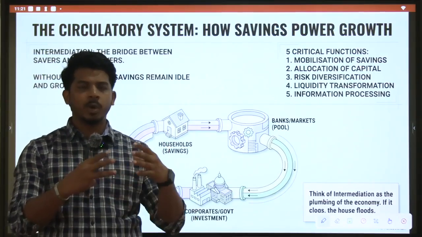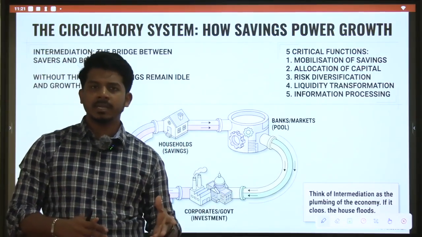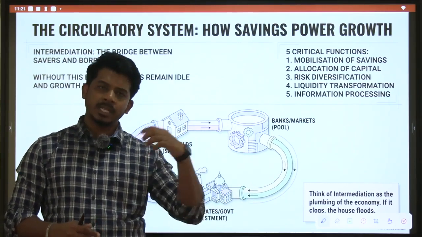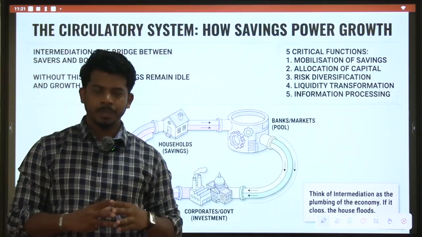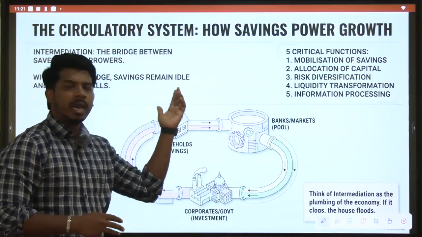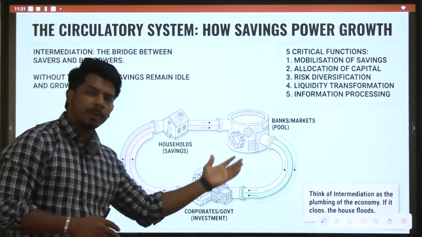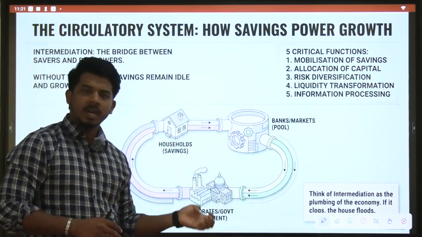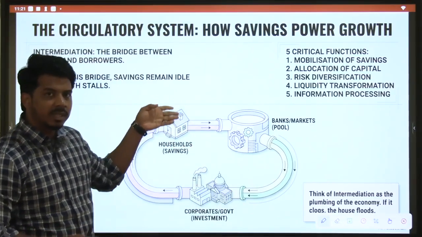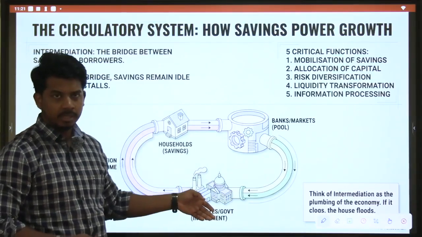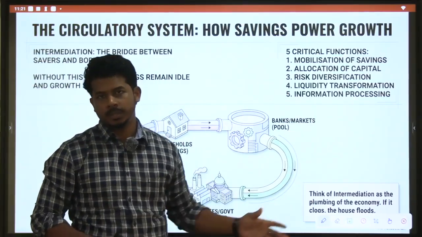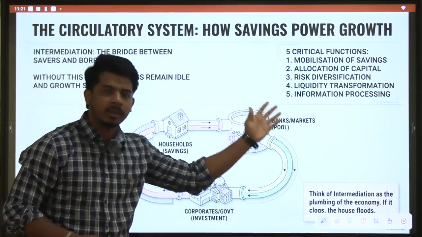So if I give 1 lakh at a 10% interest rate, he will create some 2 lakhs, he will pay my 1 lakh back with interest and he will keep the remaining money. So there are many people having surplus, and many people and institutions wanting money. So how to transfer this savings into investment? This is done by something called financial institutions. This is what we call financial intermediation.